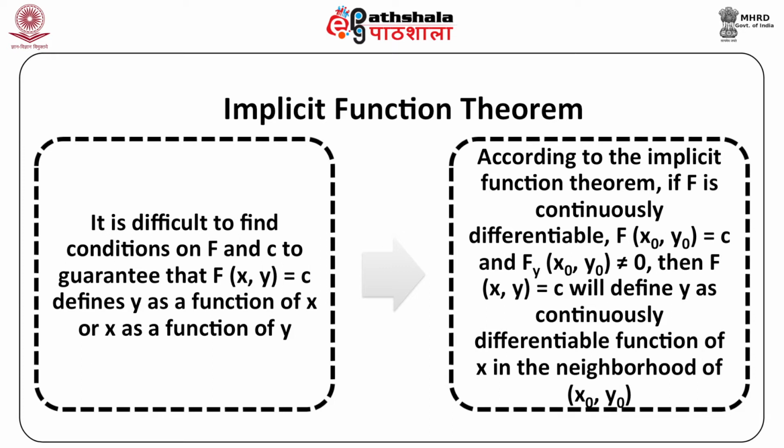If f(x0, y0) is equal to c and f_x(x0, y0) is not equal to 0, then the theorem can be extended to the case of a system of m equations in m plus n variables.